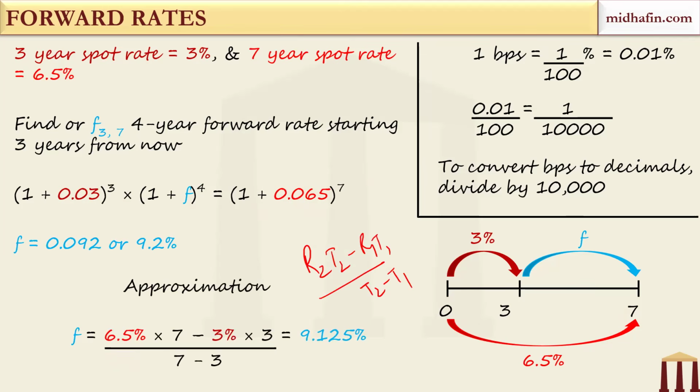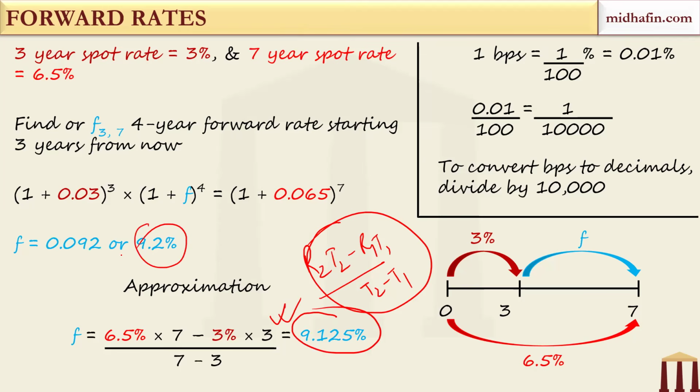See, if the options are not very close, then go for the approximation in the exam. It will be quite easy, because this formula is easy to remember, right? Because you can see there's not much of a difference between 9.125 and 9. Yeah. But if the options are very close, 9.15, 9.17, then you have to use the proper logic over here. This one. Okay, full logic.